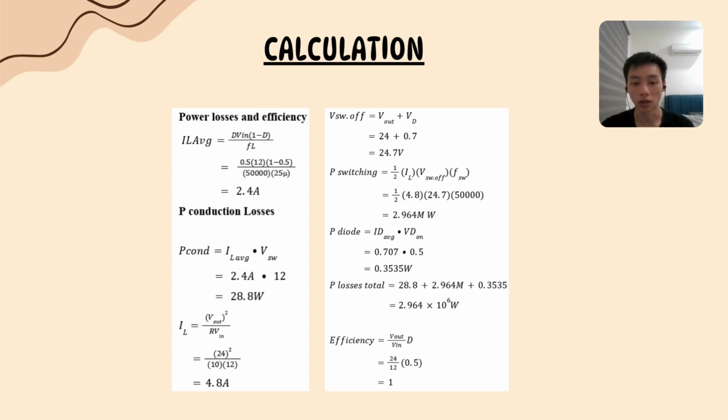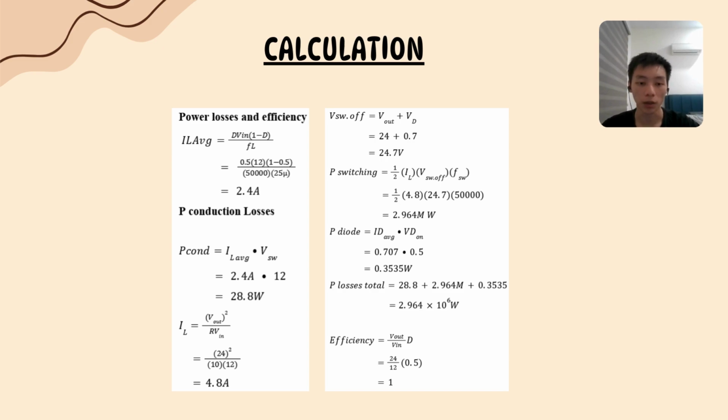So we get the switching inductance current is equal to 4.8 amperes. The switching off voltage is equal to voltage output plus voltage diode. So it is 24 plus 0.7. The final result is 24.7 volts for the switching off voltage.